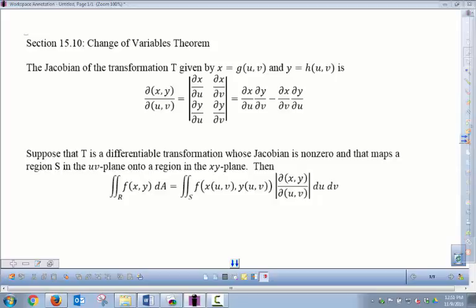Now, the way they presented it, they didn't use the Jacobian back in those sections. They just said, well, if you're going to go into polar coordinates, there needs to be a change in the area, and they need to compensate for that change in the area.